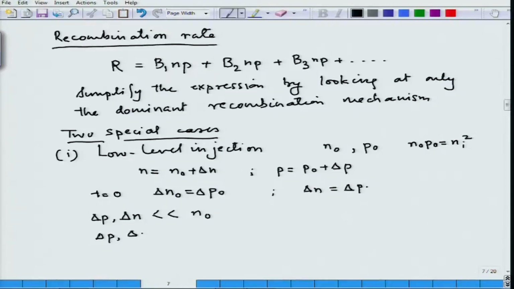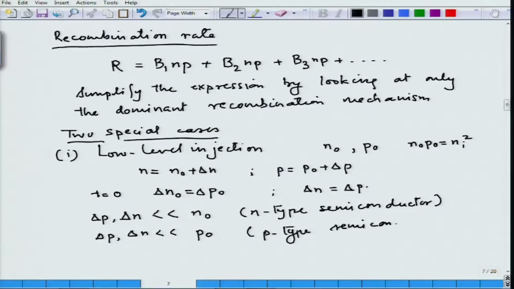So, delta N, delta P is always going to be less than P naught, the majority carrier concentration for an N type semiconductor, and less than N naught for a P type semiconductor.